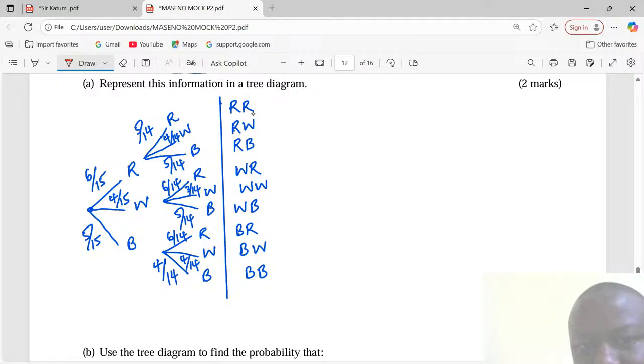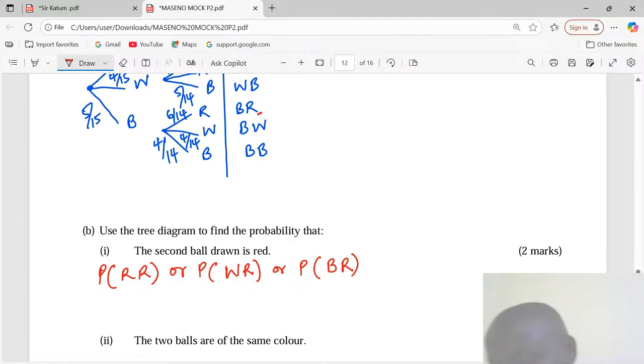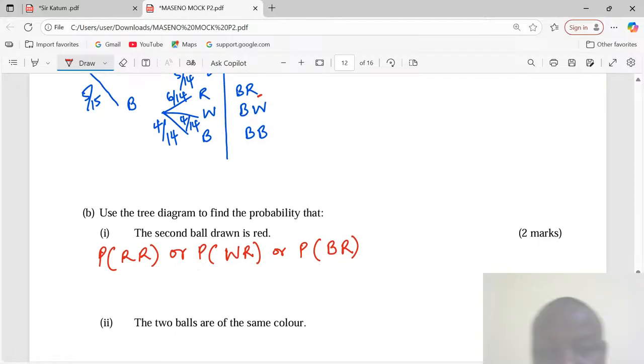It can be red after red, red after a white, or red after a blue, as long as it is red at the end. So probability red, red, or probability white, then red, or probability blue, then red. We just need those possibilities, all of them.